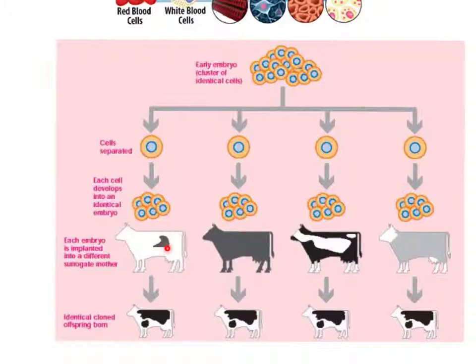These surrogate cows will all produce cows which are the same, and hopefully these cows will all have a large milk yield. So that's embryo splitting, one way that we can clone animals.